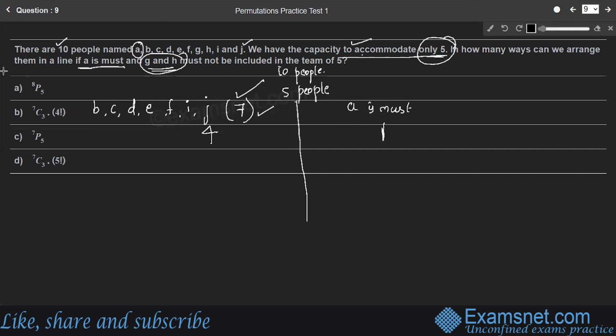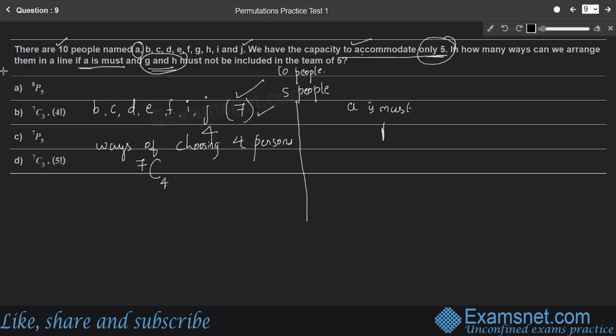So the ways of choosing 4 persons out of 7 is nothing but 7C4. In 7C4 ways, we can choose 4 persons. So what is 7C4? You can simplify it by using the nCr formula, or you can leave it as it is, 7C4 ways.